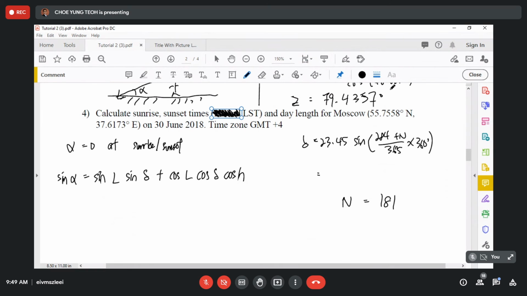How about the declination angle? Twenty-three point 1845. Okay, so from here, you should be able to get the h.